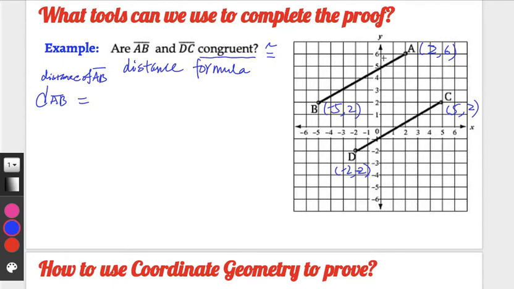Once you make a mistake here, it's going to be very hard to get the right answer. So now let's write down the distance formula we are going to use. Remember, in the distance formula we find the difference between the x's and square it. We find the difference between the y's and square it. So we are going to find the difference between the x's. It doesn't matter which one you put in front, but make sure you follow the order of operations. So I put this one, 2 minus -5.